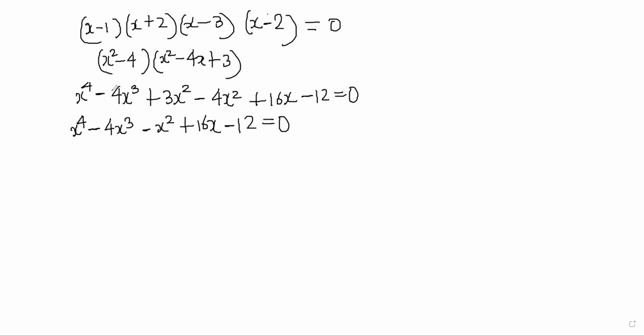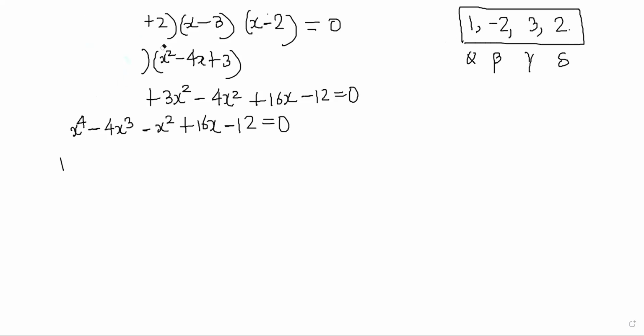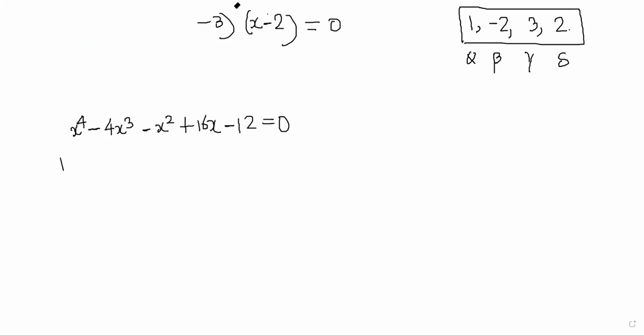Yes. Now forget about the actual way in which we got it. I know the roots are 1, minus 2, 3, and 2, right? Yeah. This is alpha, beta, gamma, delta. These are my roots. But if I had not gotten this equation, I have just this equation given to me. Right now, I don't know alpha, beta, gamma, delta, right? Yeah, you don't. But you will still be able to find 4 things.